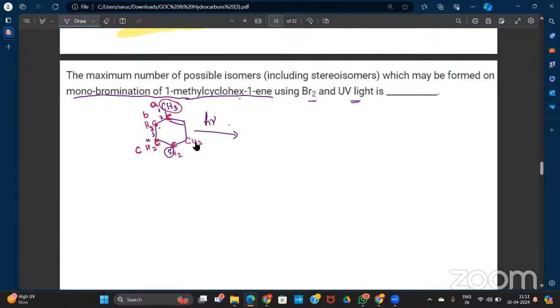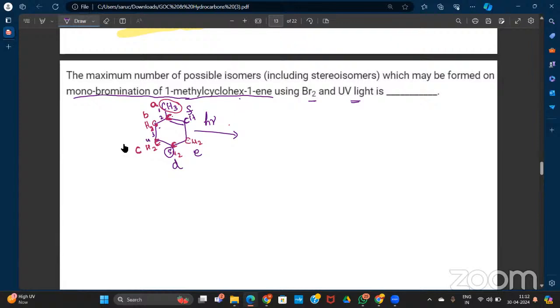You have CH2 next to the carbon over here, and here CH2 next to the CH carbon, so CH2, CH2 carbon and CH2, CH carbon are different. So this is environment D. And here you have CH2, CH2, CH, which is also different, so E. All the hydrogens attached are totally different from one another.